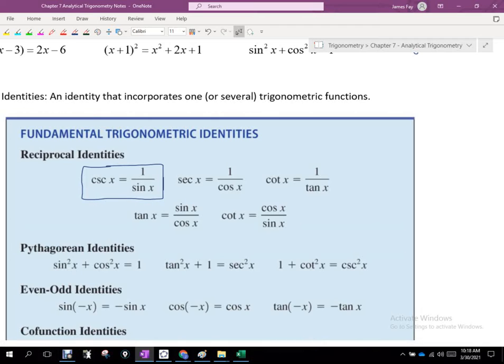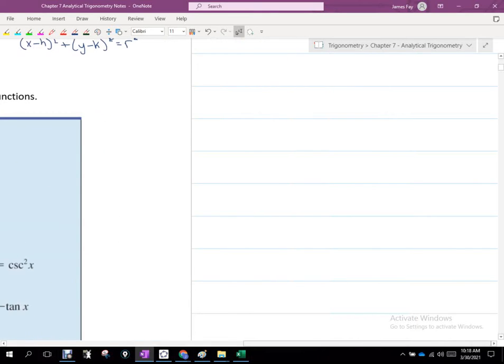And the way we generate that, and this is a very small practice of what we're going to do overall in this chapter: if I have cosecant is equal to 1 over sine, algebraically, is it okay to multiply this side by sine of x, multiply this side by sine of x? Okay? So then I would have sine of x times cosecant of x is equal to 1.